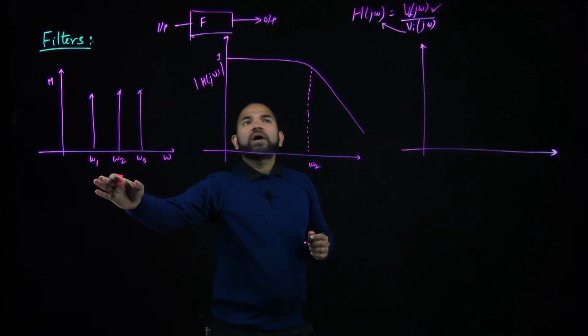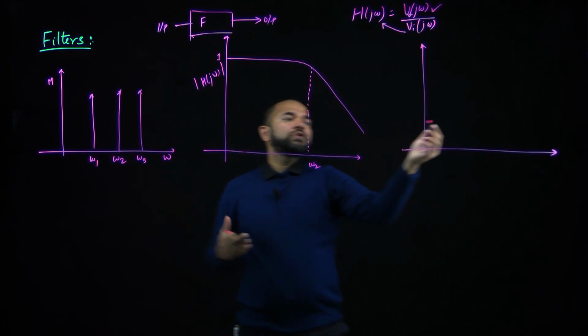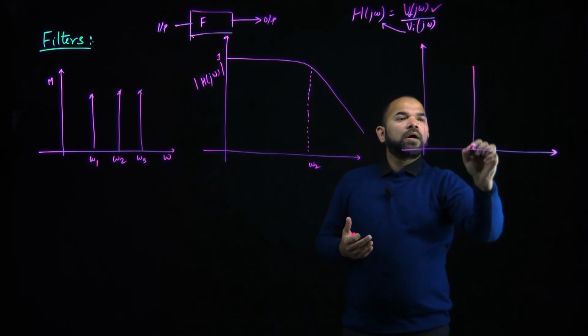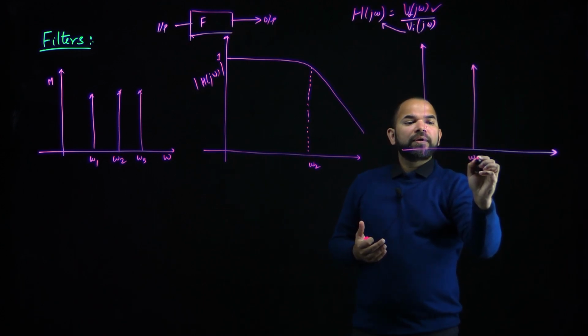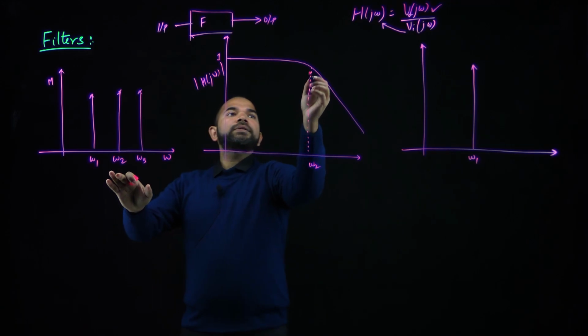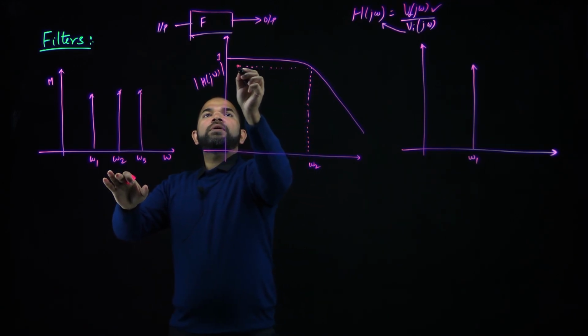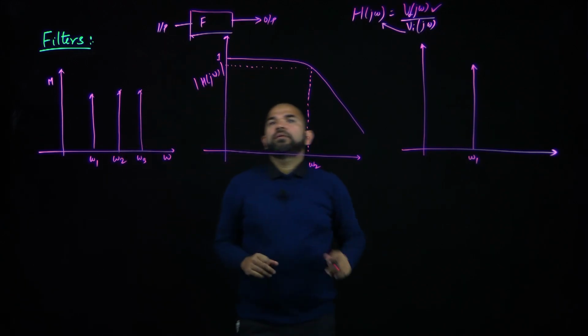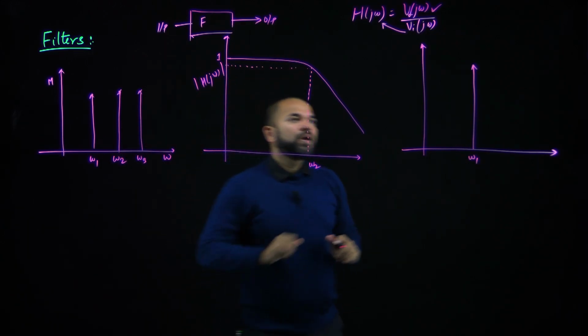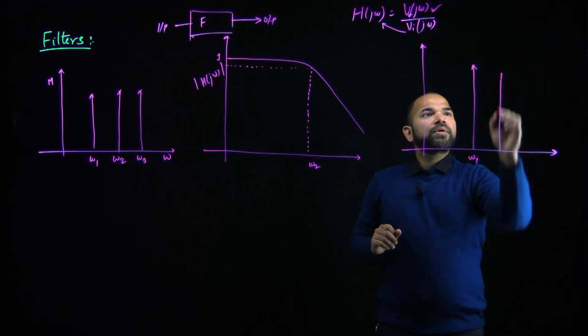So omega 1 is multiplied with something like 1, so this frequency component remains unaffected. Omega 2 is on this edge, which is in magnitude slightly lower than 1, so it is going to be reduced by some amount.